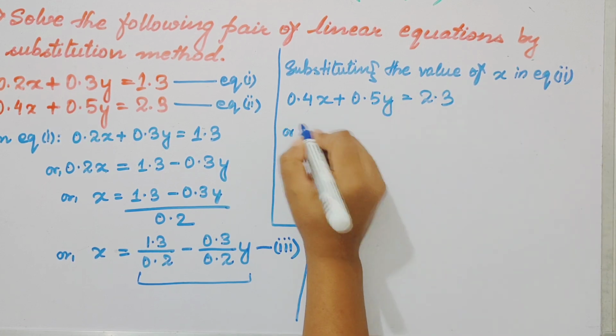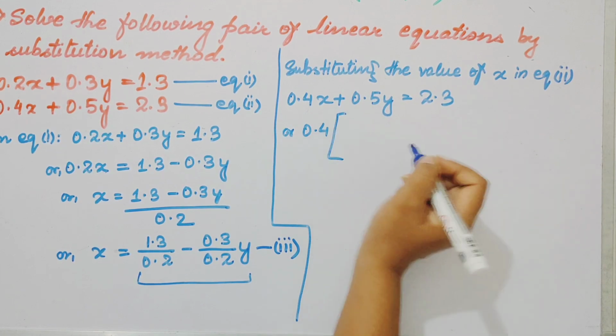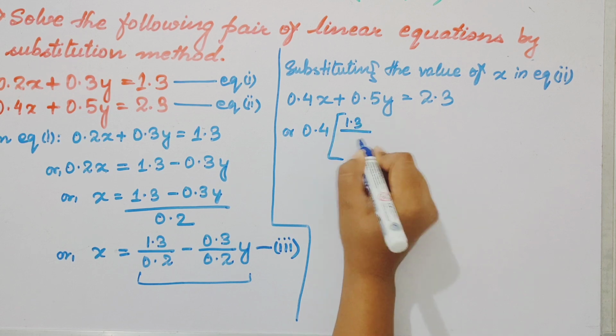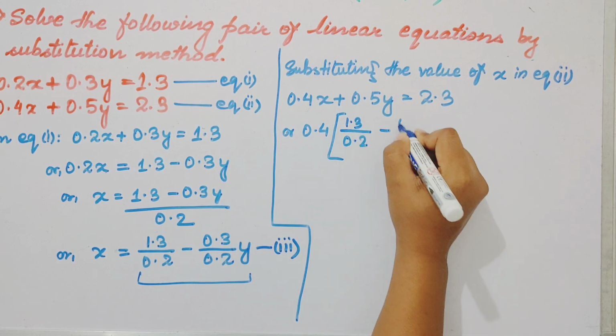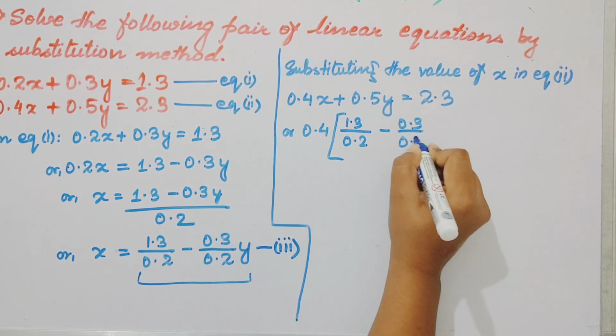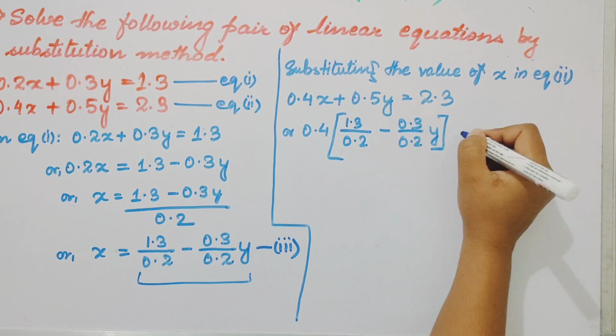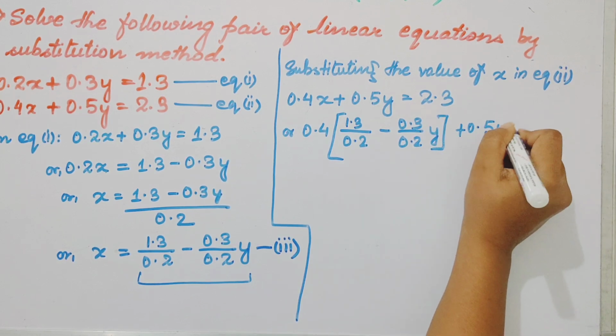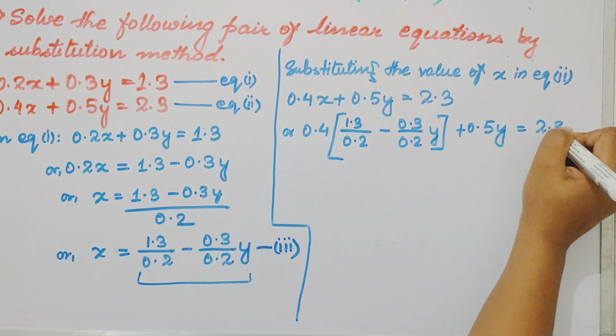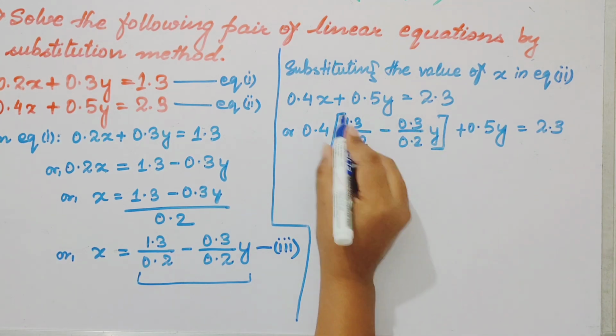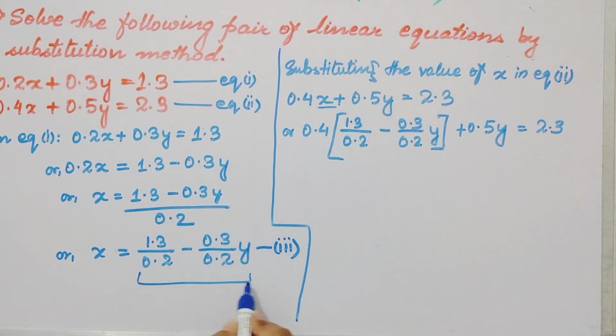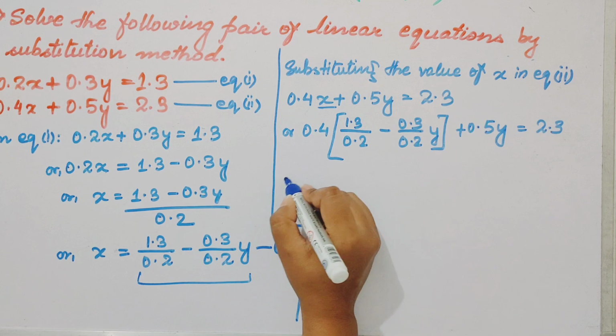1.3 by 0.2 minus 0.3 by 0.2 y, plus 0.5y equals 2.3. We have substituted the value of x with the value that we have calculated in equation 3.